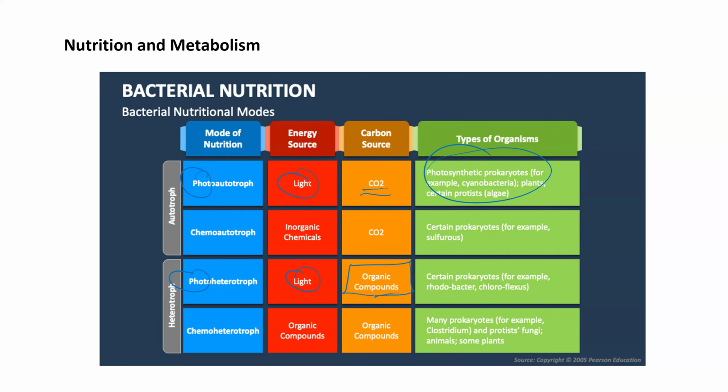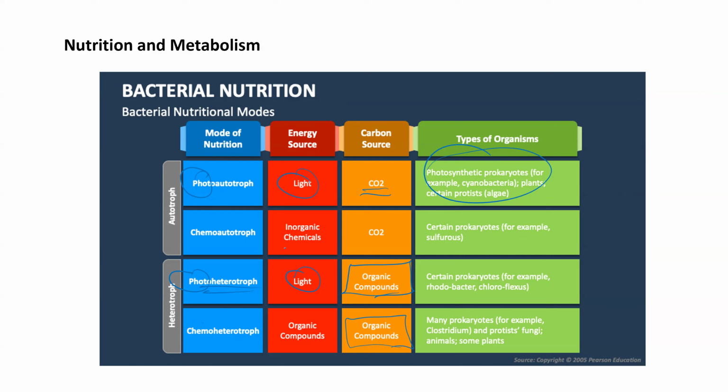It has to get its organic compounds from another organism. And that's what makes it a photoheterotroph. So the first part is where the energy comes from. The second part is where the carbon comes from. We are heterotrophs, and we get our structure from organic compounds.